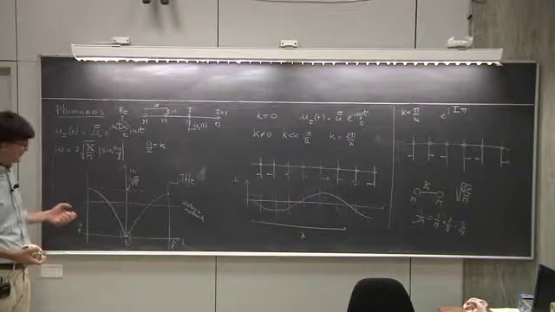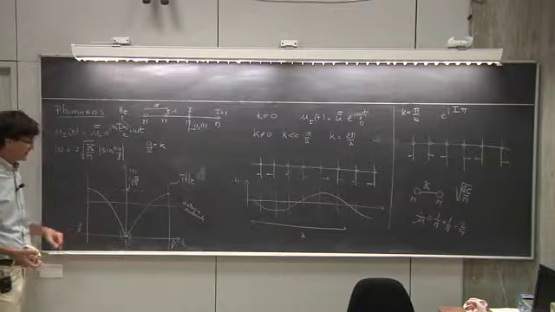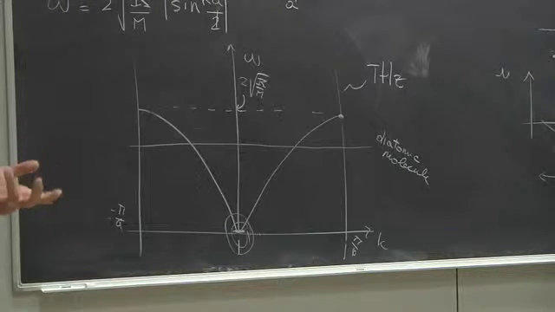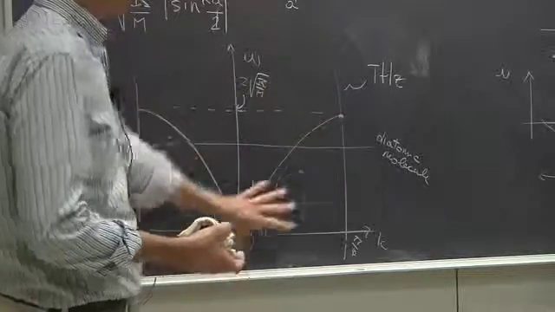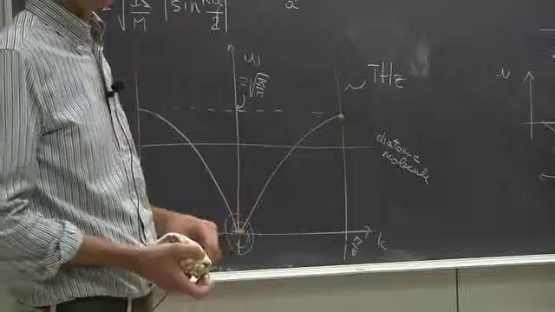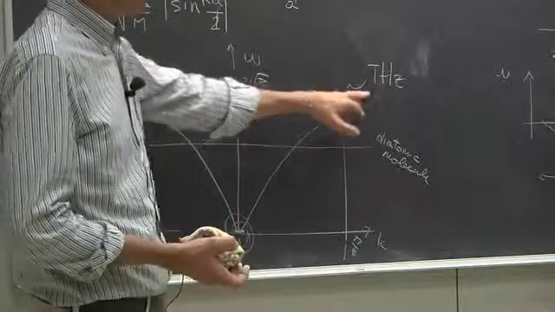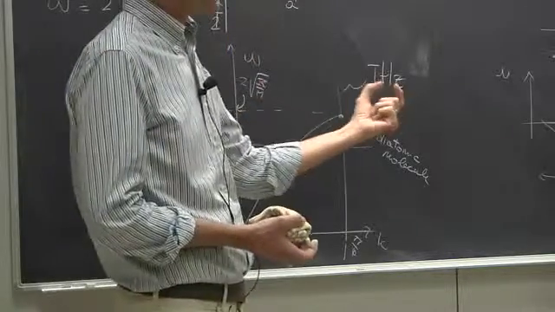The way I identify the waves that are responsible for sound, which I will call sound waves, I need to have an idea of what is the characteristic frequency of this plot. The characteristic extension of this frequency range is typically of the order of terahertz, because that's the characteristic frequency of oscillation of atoms.